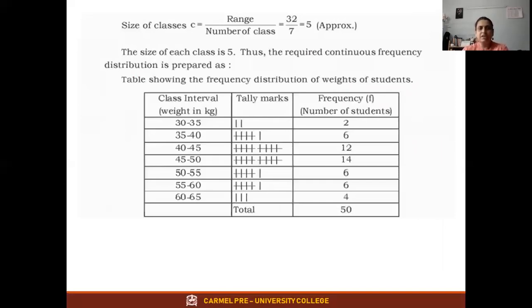Will you put it in 40 to 45, or in 45 to 50? When you have such a situation, always remember, put it in the next one. So the tally mark for 45 should be put in 45 to 50, not in 40 to 45. I hope I'm clear. We'll see one more example.